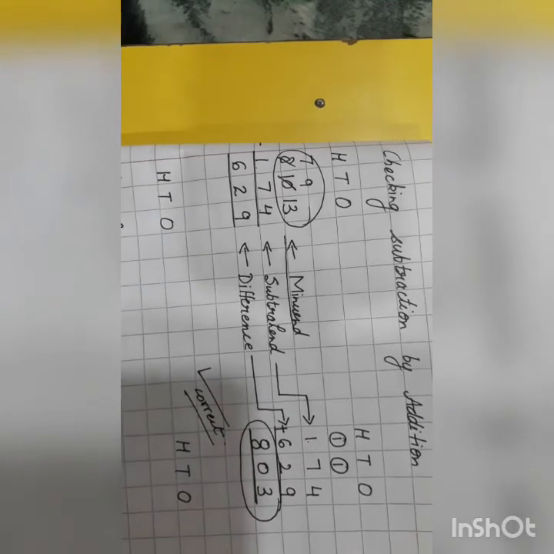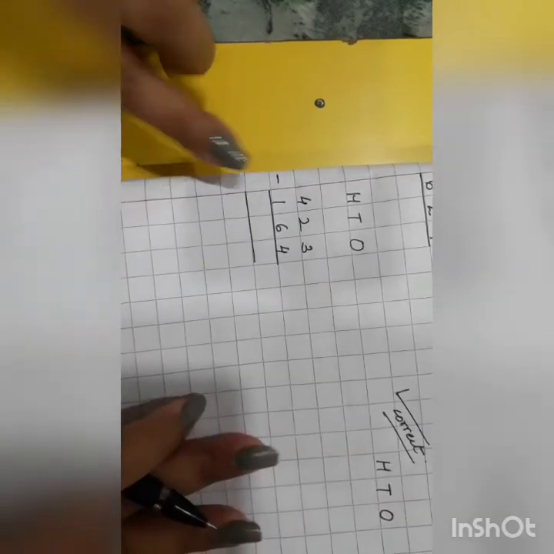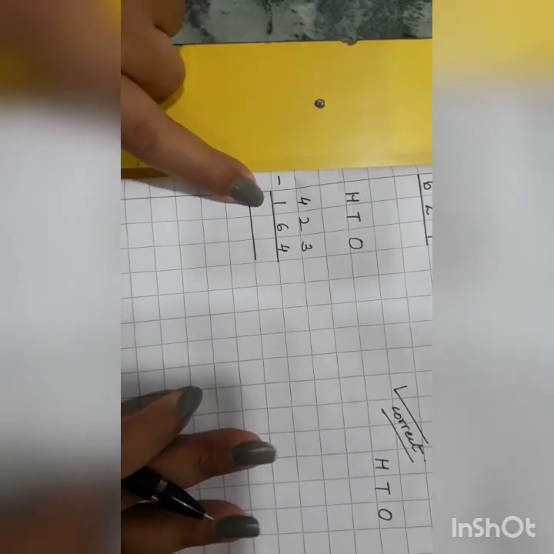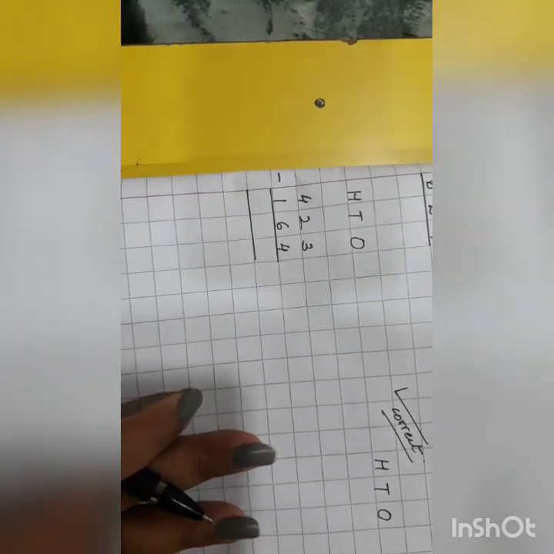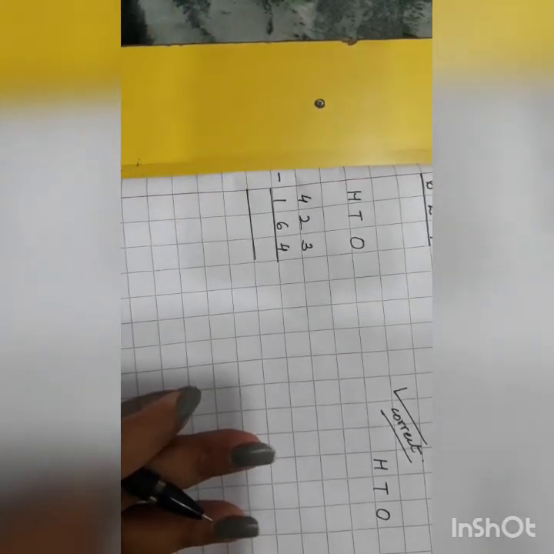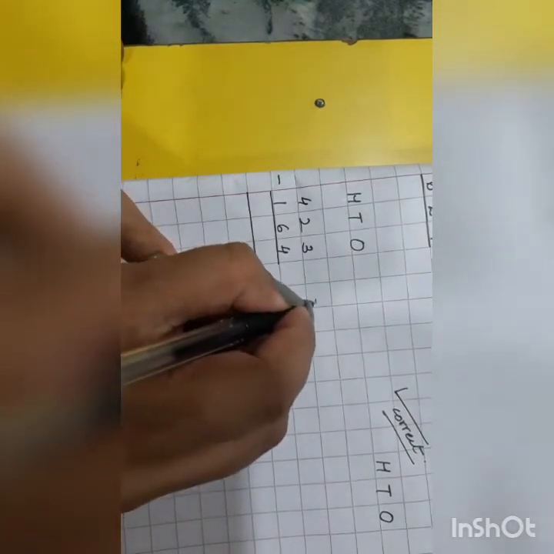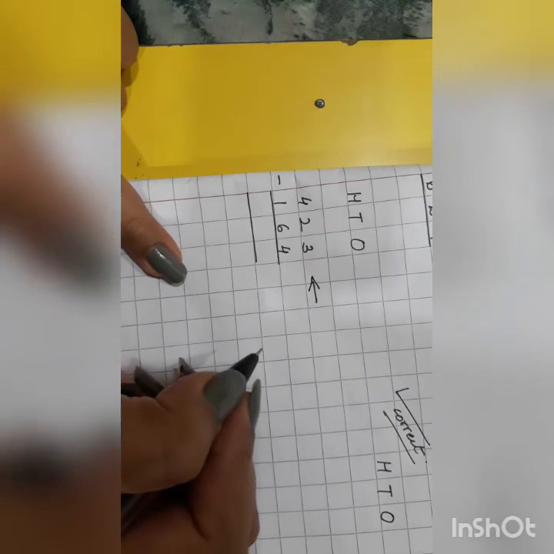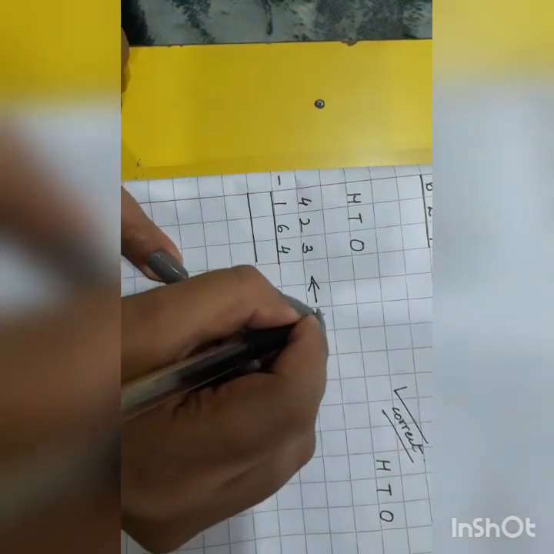Now let's see one more question. The next question is 423 minus 164. It is very easy. Now you know. First tell me, the first number is known as, I told you in the beginning, minuend.